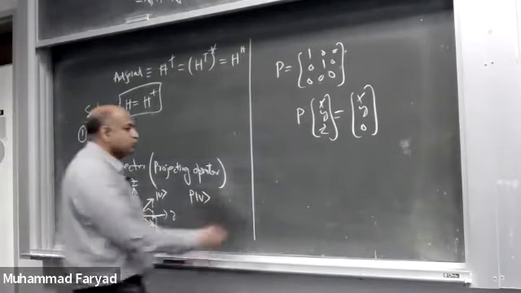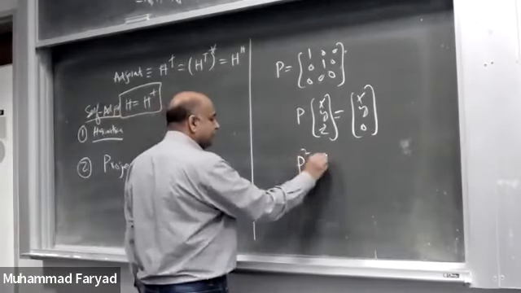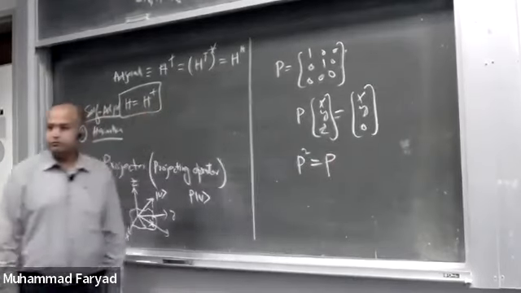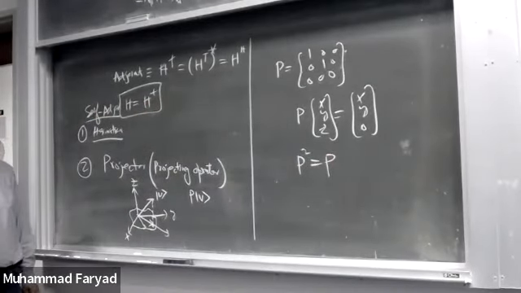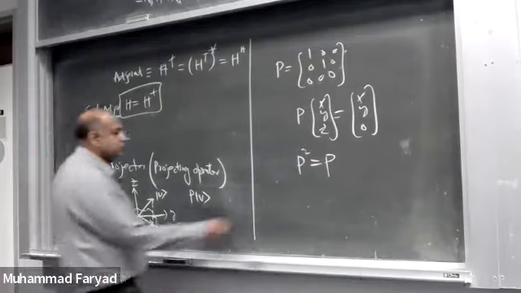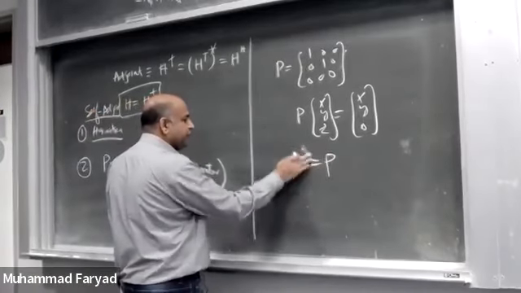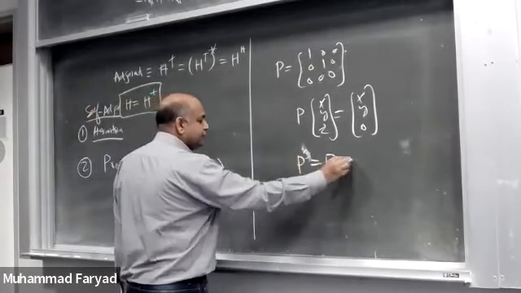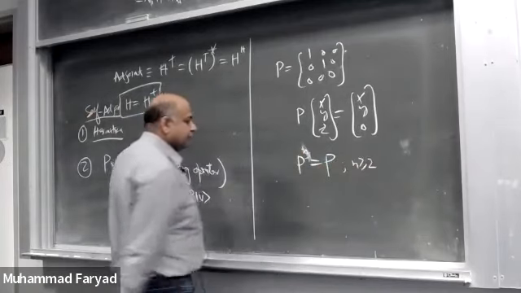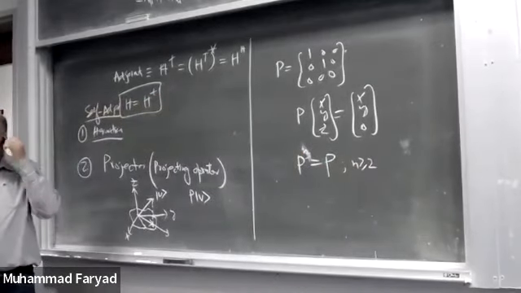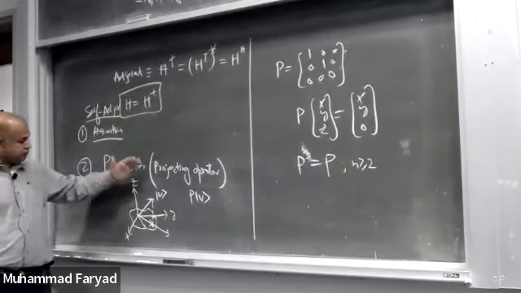So P squared is actually equal to P. Even P cubed should be equal to P, or any n greater than 2 should give us the same thing. So once we have projected, projecting again doesn't do anything to the vector. And we can see from this matrix notation as well, if I multiply it with itself, I'll get the same matrix.